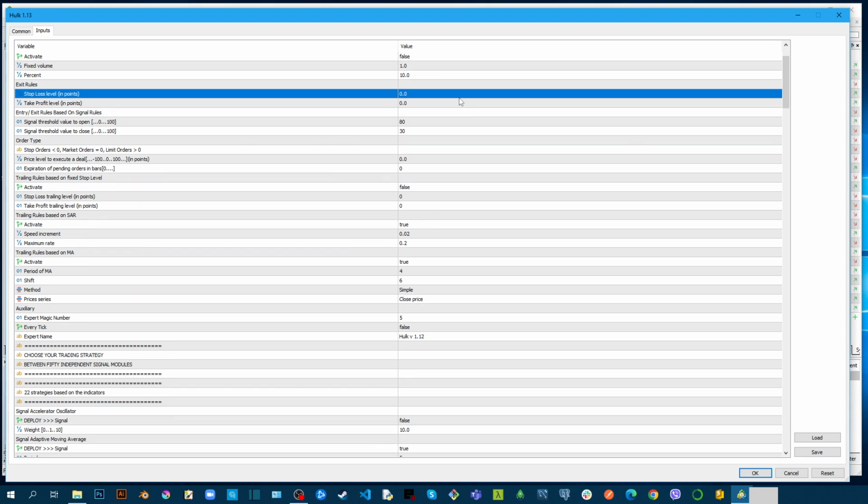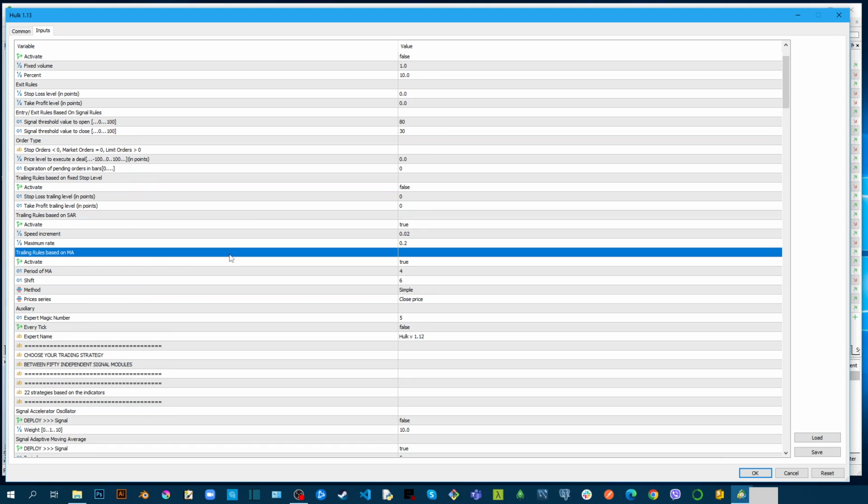Also you can use both rules at the same time, but I want to use only the second entry and exit rules. So I just leave 0 here and optimize this expert without these two rules.